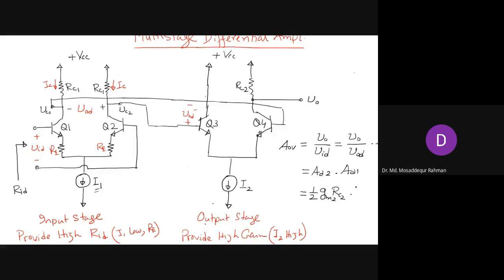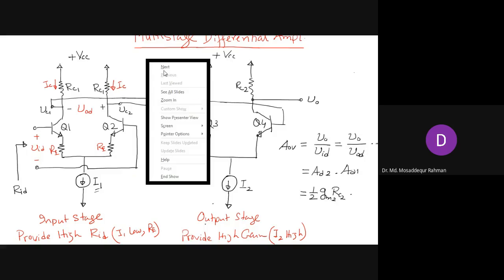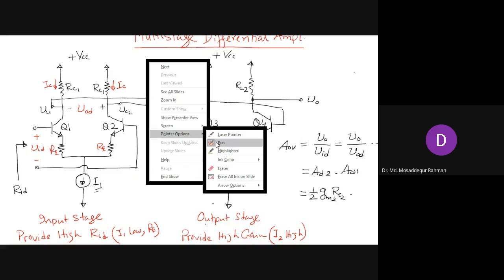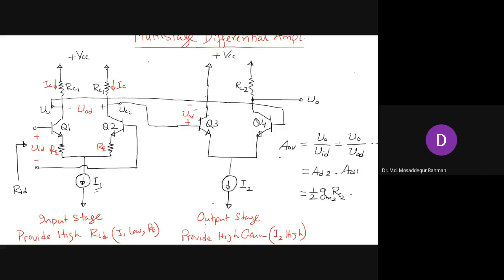But in this case, what's the resistance in the collector? That is one thing we have to pay attention to here. We have the resistance RC1, but that is not the only resistance in the collector, because the output of this stage is connected to the input of the second stage, and the second stage will have a certain input resistance, RID2.